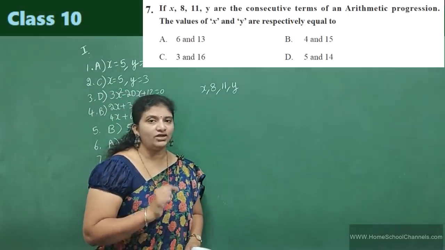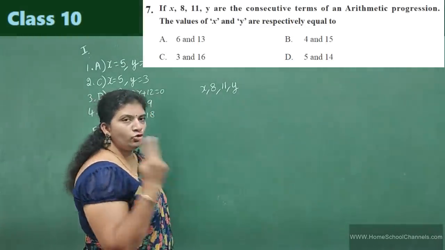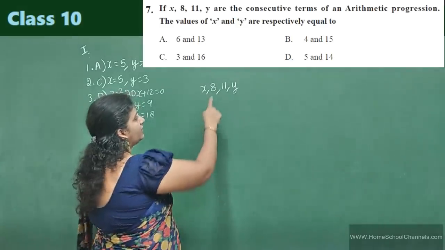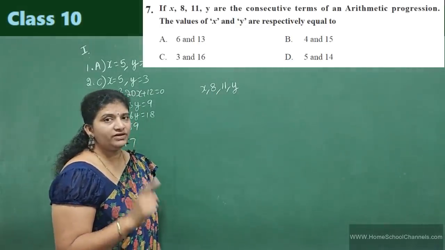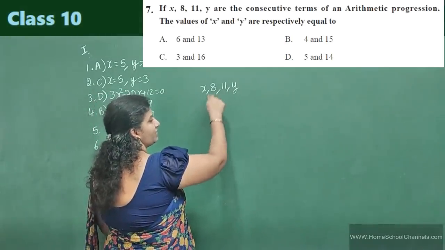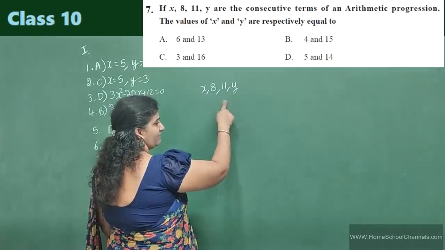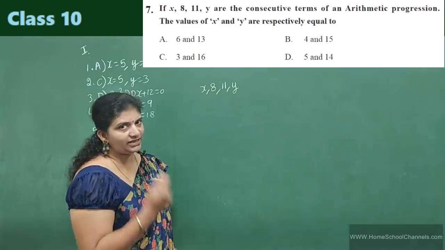We need to find the value of x and y. You can do this in 2 methods. First method, if it is an arithmetic progression, then the common difference will be constant. Therefore, 8 minus x is equal to 11 minus 8 is equal to y minus 11. Comparing 2 pairs, you will get x and y.